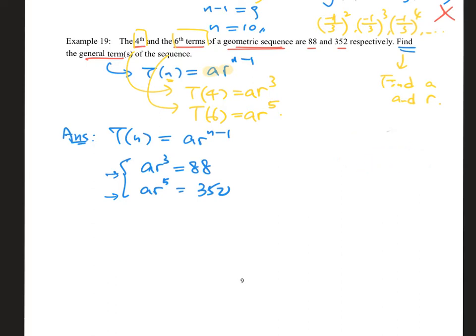Let me rub away first. So the little trick I would like to share with you is, in order to deal with this product solving equation, we will use division to eliminate, that means to cancel, one of the unknowns.